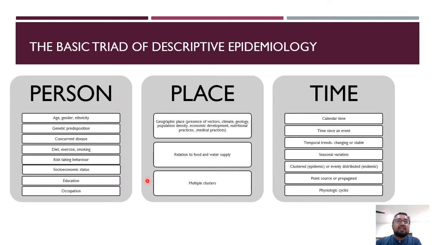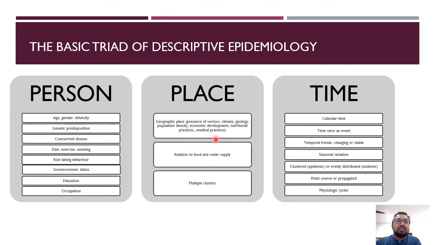So ni lagi dia cerita in detail seperti yang saya dah cakap tadi. Age, gender, ethnicity, boleh baca lah ni. Okay, kalau person, apa yang kita nak tengok? Socio-economic status, education, occupation, risk-taking behavior, diet, exercise. In place, geographic place. Okay, place tu apa yang mempengaruhi place tersebut?